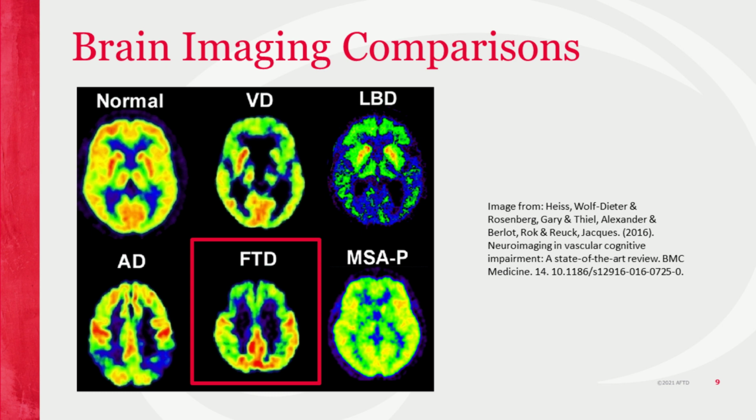If you look at each of the brains, the top of the brain would be the front, and the bottom of each scan would be at the back. You can see in the red rectangle a scan for someone with FTD, and you can obviously see, in terms of the colorations for what areas of the brain are active and functioning well, and those that are not, that FTD impacts very specific areas.